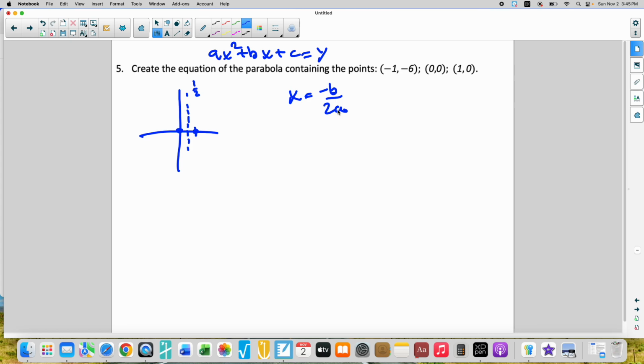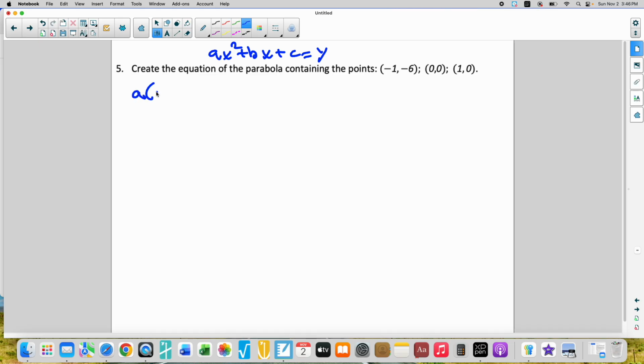I don't know if that really helps me. The y-intercept is going to be 0, so my c is 0. We'll go back and use the same technique, so we'll do it again.